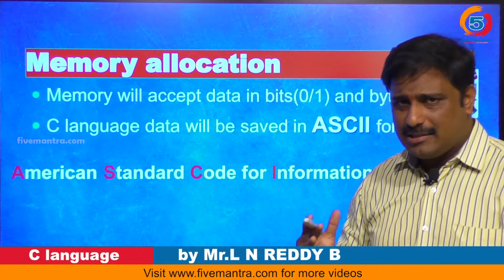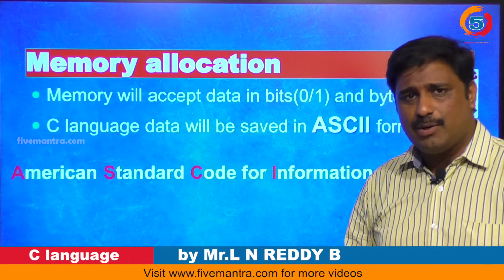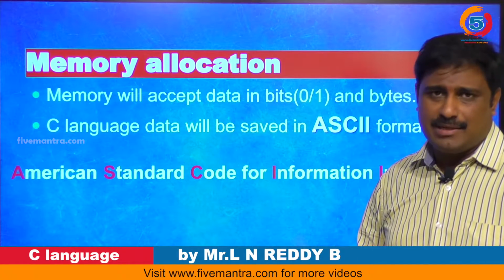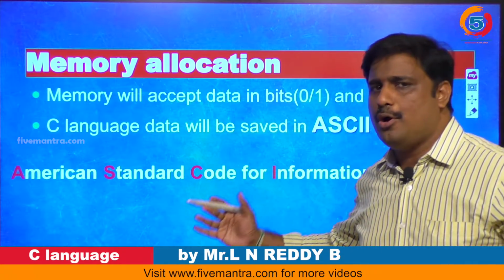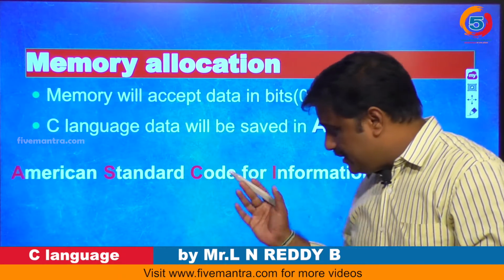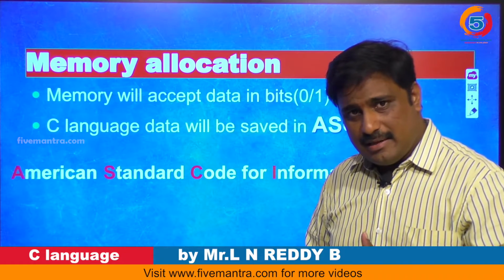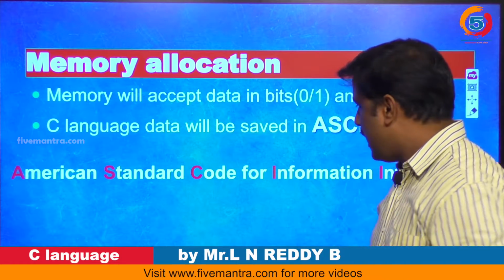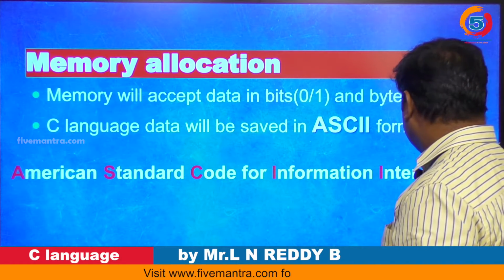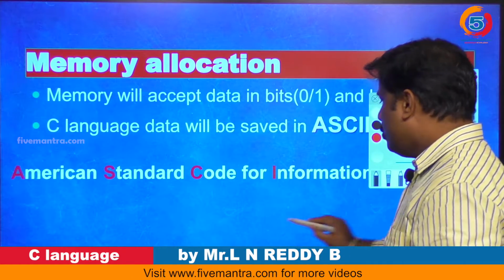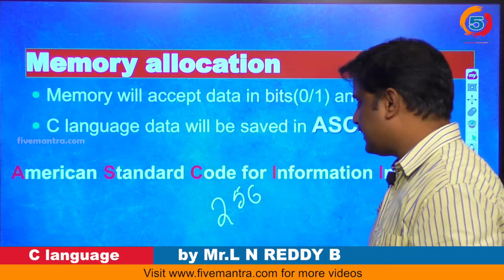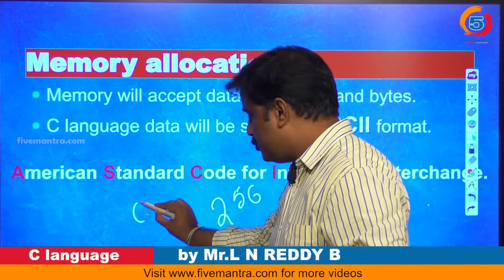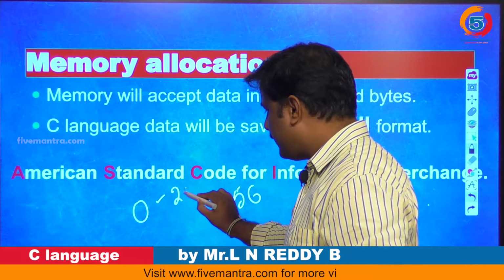Okay, and after this we have another standard, that is the Unicode standard. That is a universal code, right? There we have a large representation of data, but this is the basic representation. In this basic representation, I can hold 256 characters. 256 characters means I can save numbers from 0 to 255.